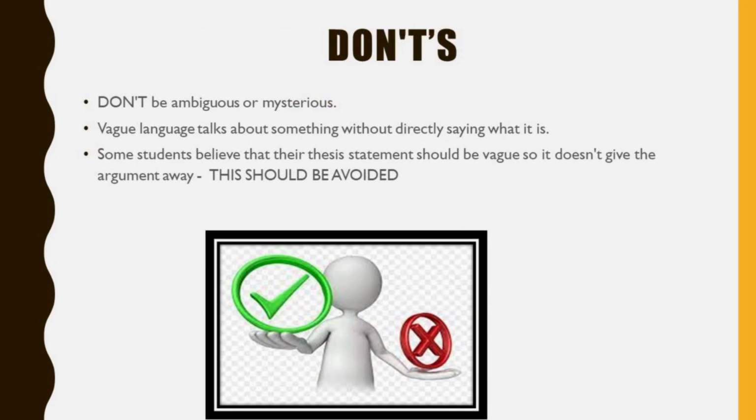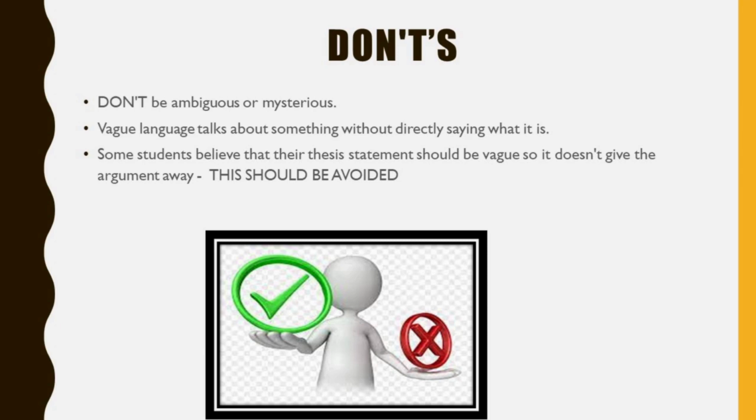You shouldn't be ambiguous or mysterious. Your thesis statement must be known for its clarity, right? It shouldn't be vague or mysterious. Vague language talks about something without directly saying what it is, right?